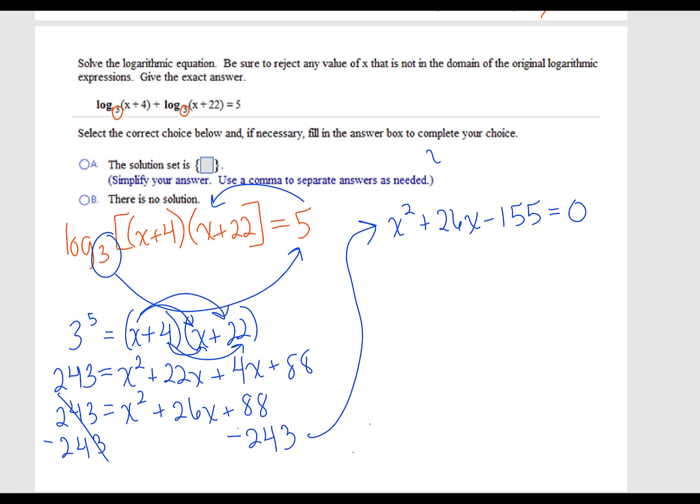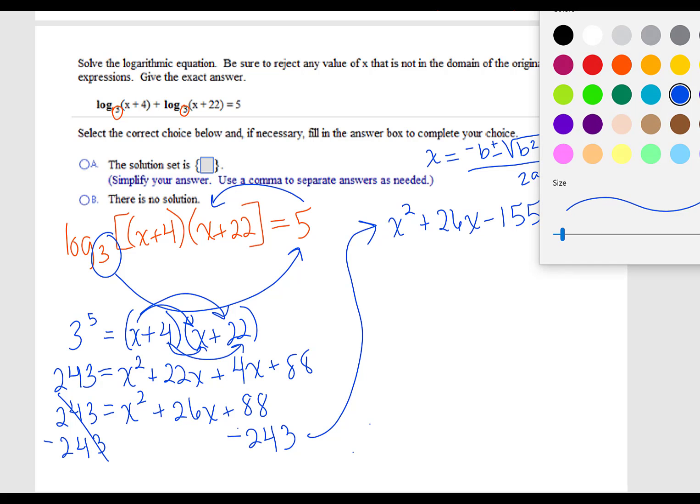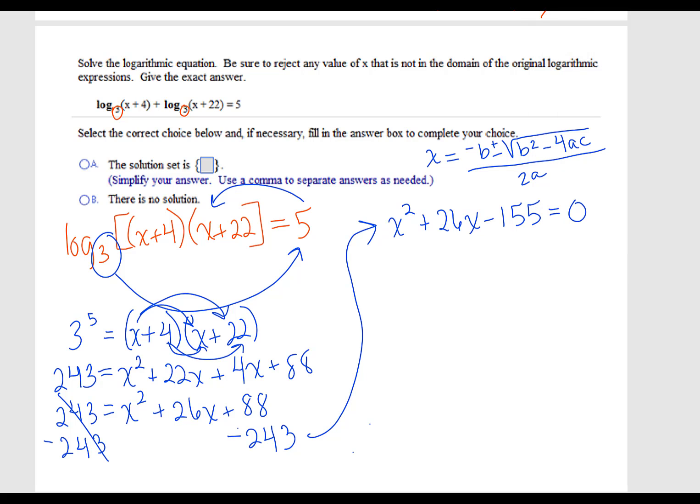So let me put that up here. Okay. If you're wondering what this is, I recommend that you go back to the previous videos where we covered the quadratic formula.